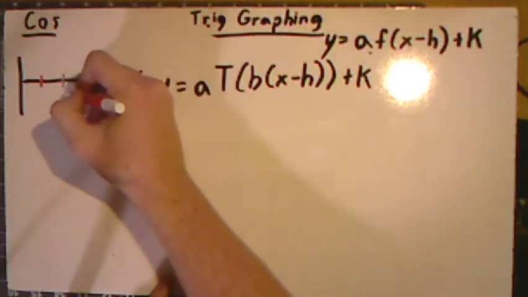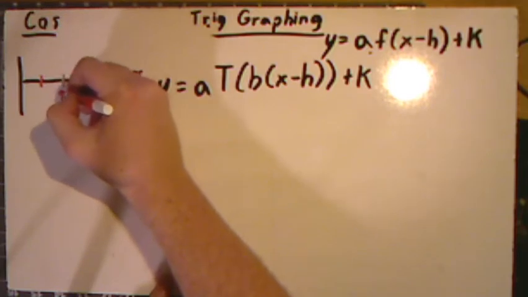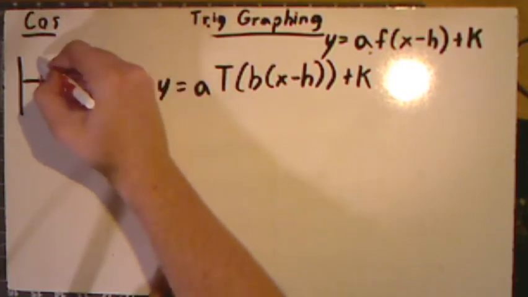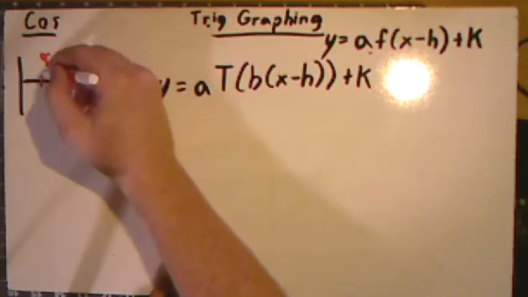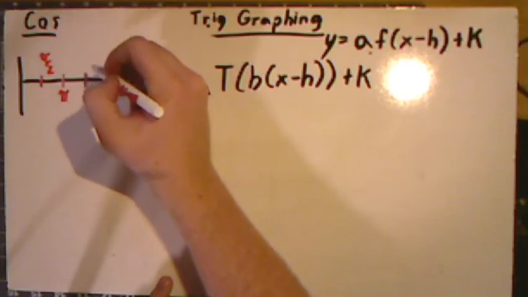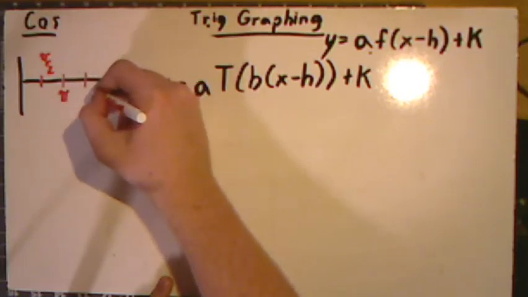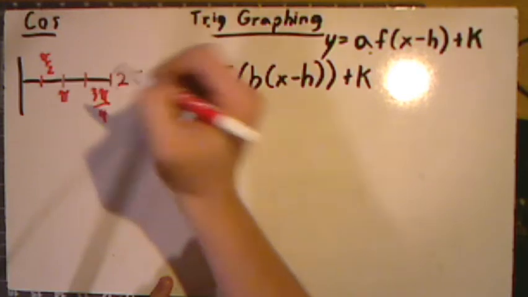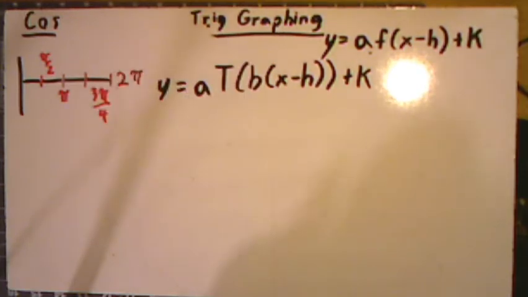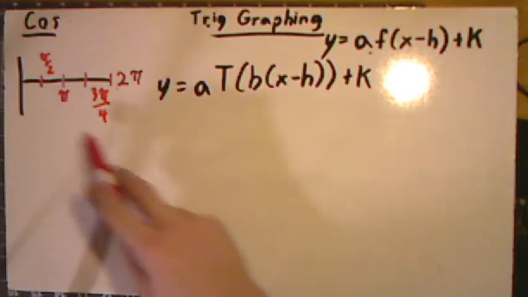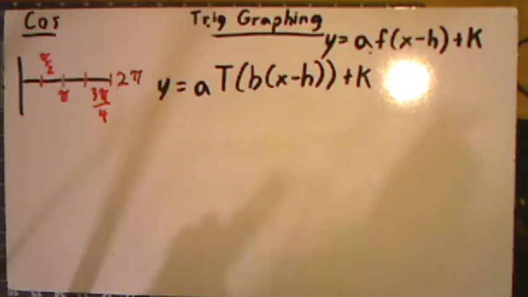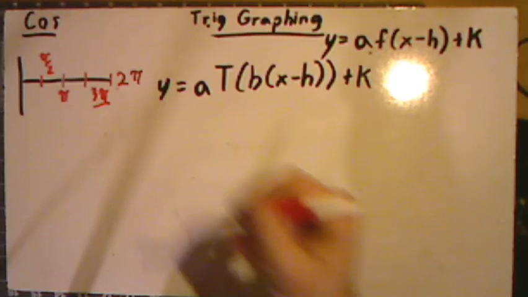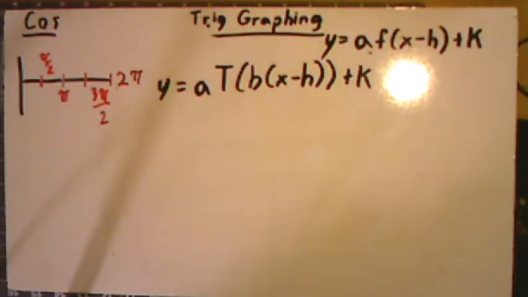We've got the halfway point of pi. We've got our first mark of pi over 2. Now this would be your 180 degrees, your 90 degrees, and this would be the 270 degrees, which I will mark as the 3 pi over 4. You could always think of this as a quarter, a half, 3/4, and the whole. I believe that should actually be 3 pi over 2. There we go.